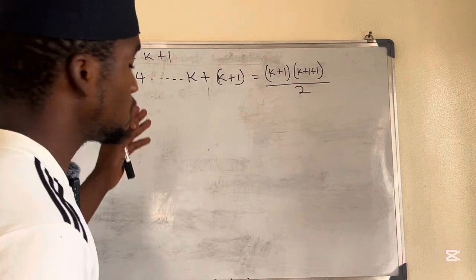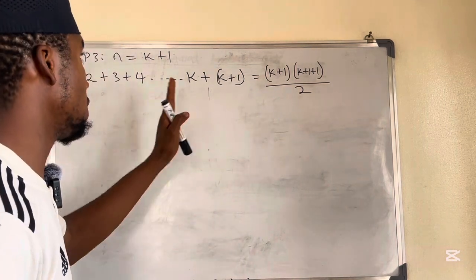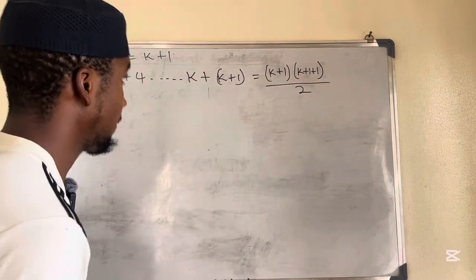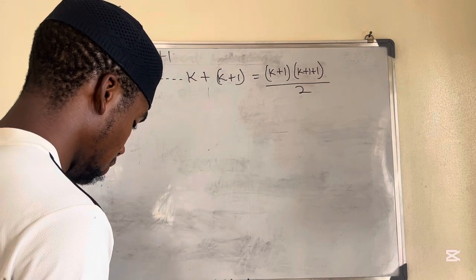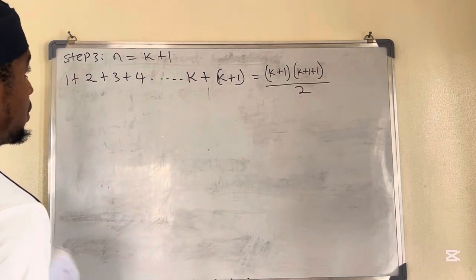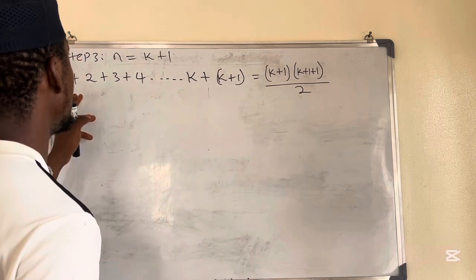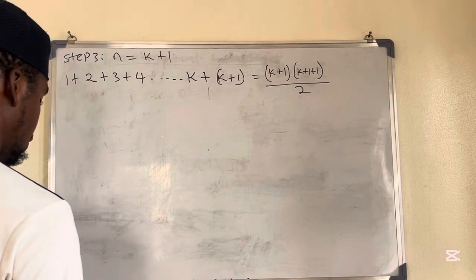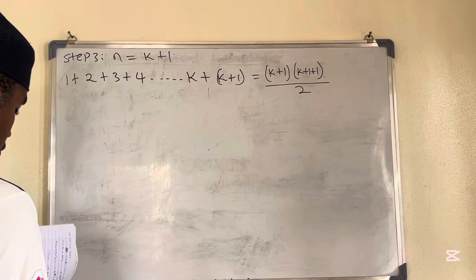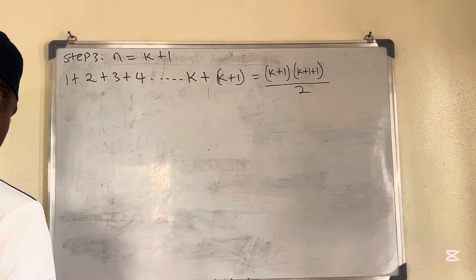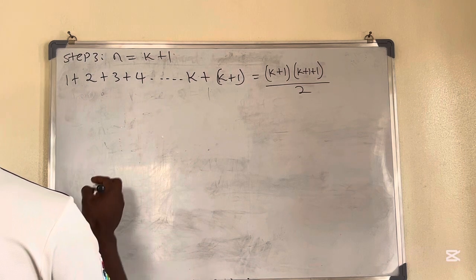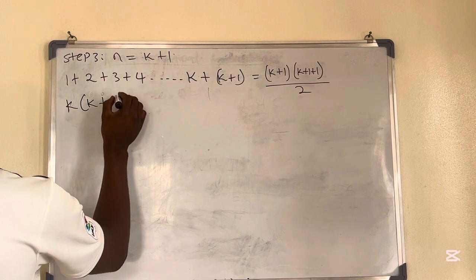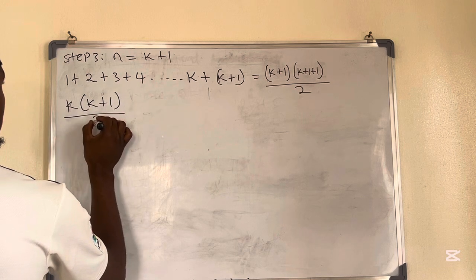What we are required to do here is show that the left hand side is equal to the right hand side. But when we solve it, you realize that this part, which is 1 plus 2 plus 3 plus 4 down to k, is equal to k into k plus 1 all over 2.